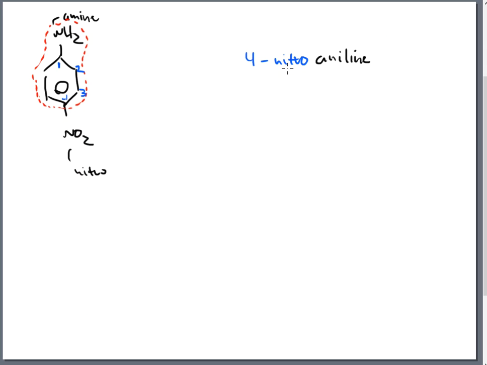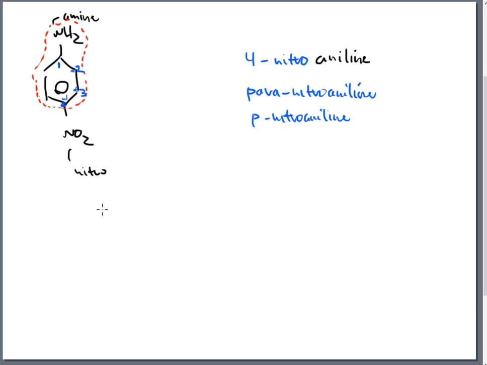I could also, instead of 4, use the ortho, meta, para system, so I could use para-nitroaniline or p-nitroaniline. All of those would be an acceptable name, folks. Every single one of them. A number or the common o-m-p nomenclature system.